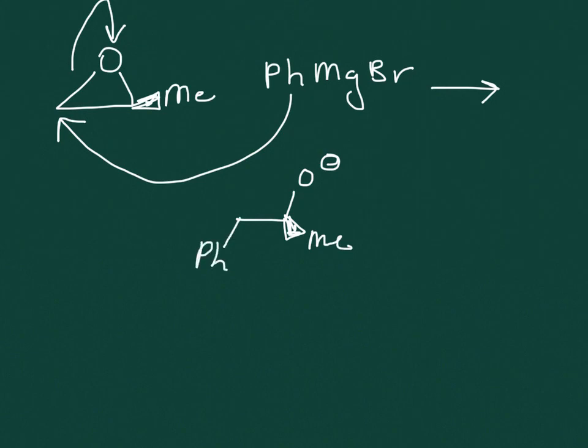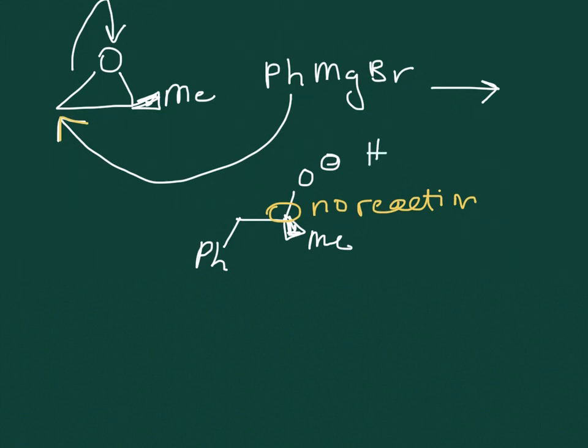Now, if you recall, we attacked the least substituted carbon. There is no reaction here, so the configuration stays the same. This carbon was not chiral, so there's no inversion to worry about.